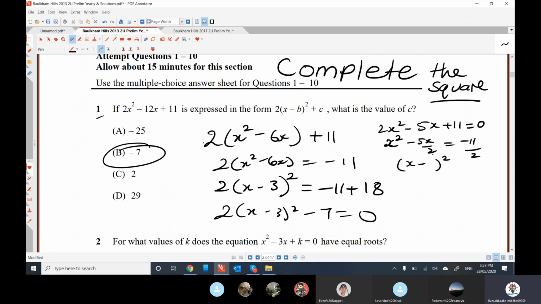What's half of 5 on 2? Do it on your calculator if you have to. Go 5 on 2 divided by 2. 5 on 4. Then what you do, you add that number, if there's no number in front, which I haven't done in this case, you get that number and you square it and you add it to this side.